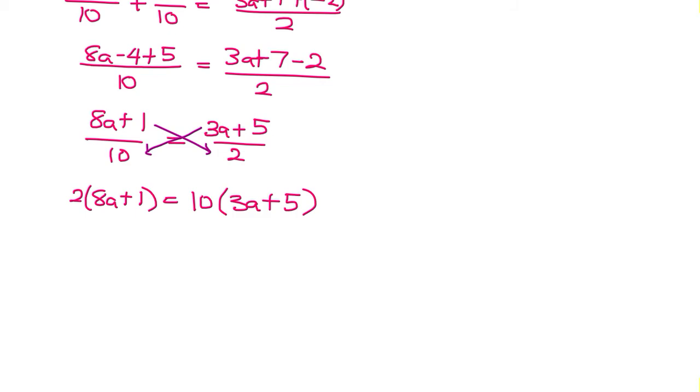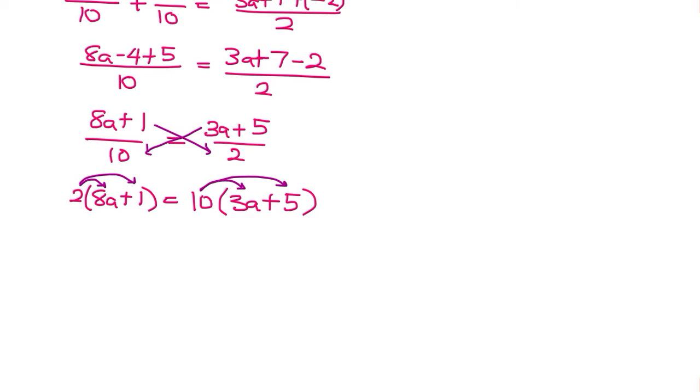And once we have our brackets, we have to do our distributive properties again, and this will be multiplied by that, and our 10 on the right side will be multiplied by both variables inside that bracket.